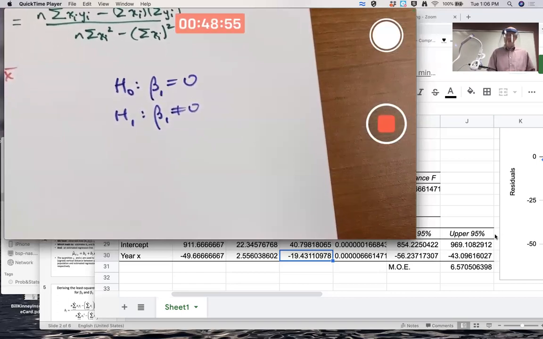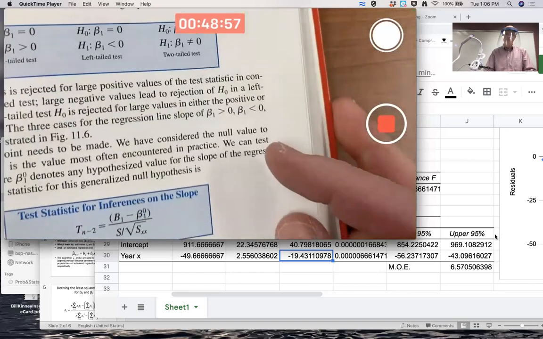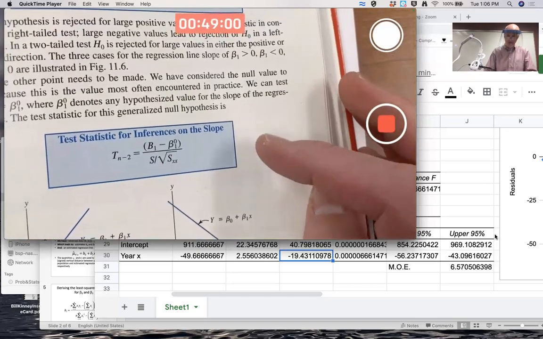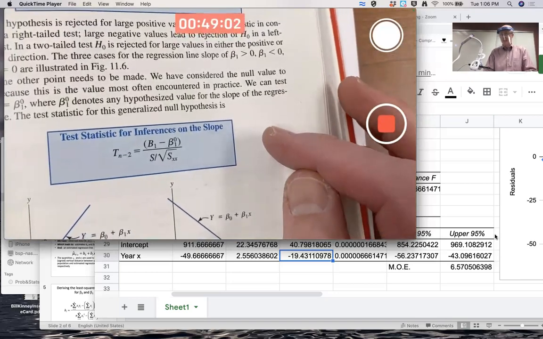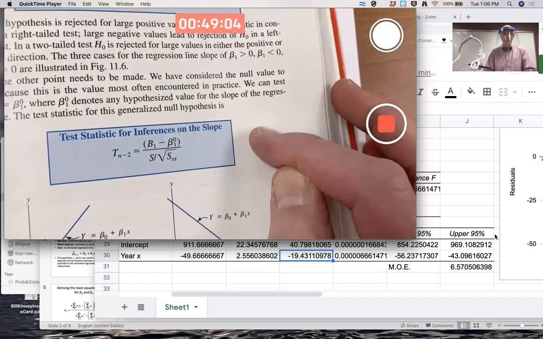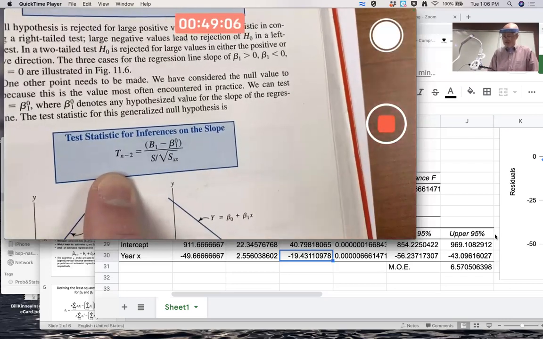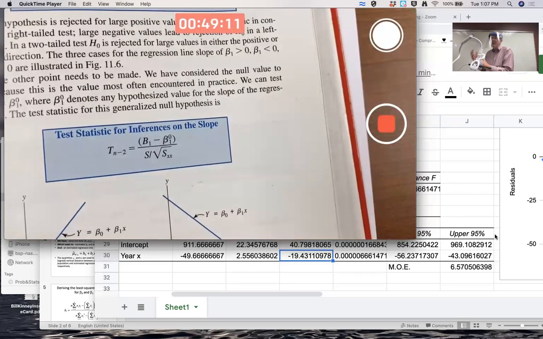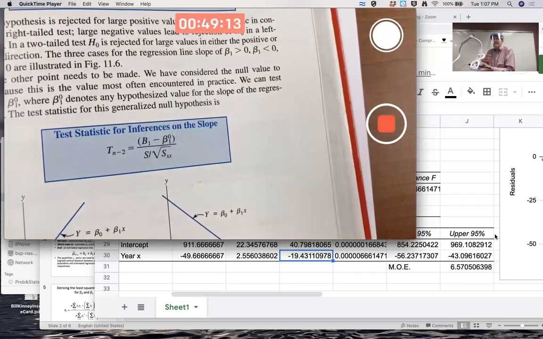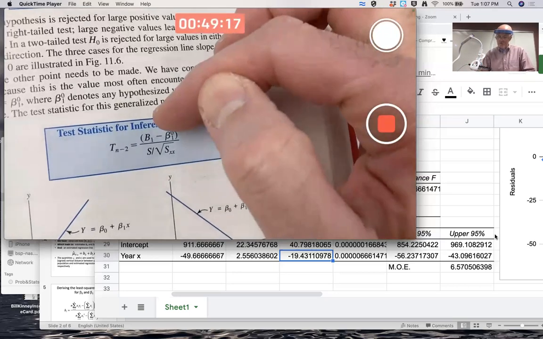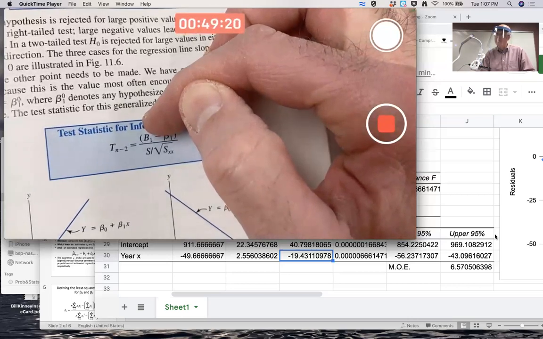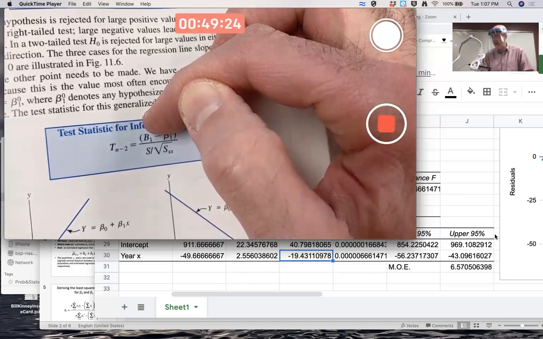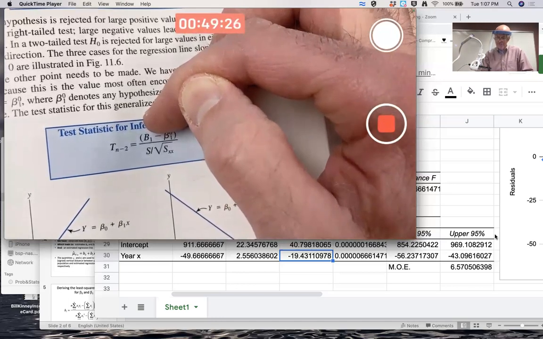What is the t-stat? Here it is in general. This is on page 395, section 11.3, right there. It's a t-statistic. This has got the same kind of general form as all of our Z and T statistics in this kind of hypothesis testing context. It's an observed value of, well, either a mean like an X bar or a proportion like a P hat, or in this case, capital B1.